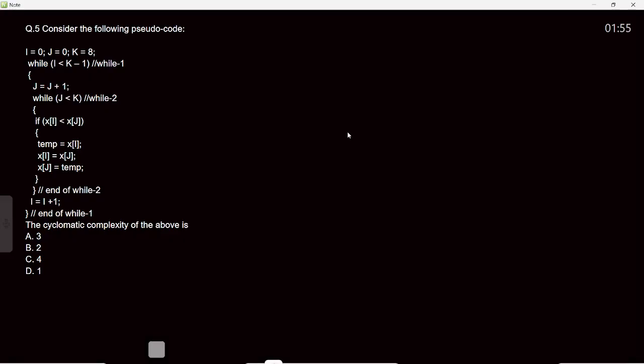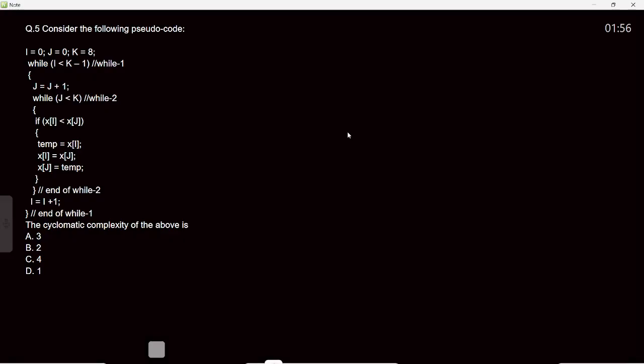So we need to find the cyclomatic complexity. Basically, cyclomatic complexity is a software metric which is used to measure the complexity of a program in control flows.